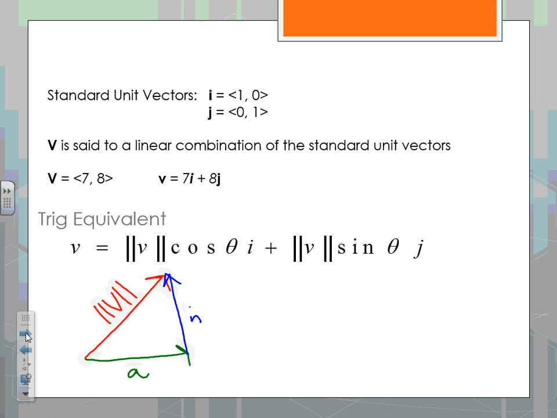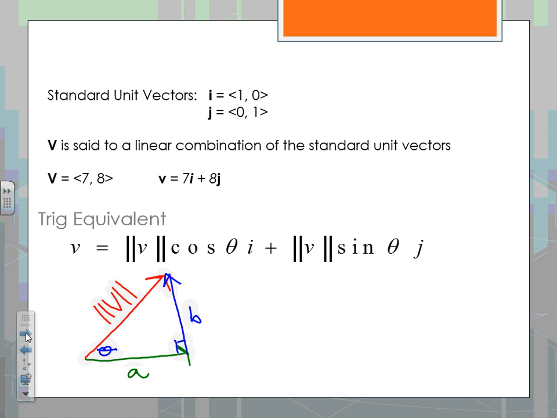We can call it B. And yes, we have a 90-degree right triangle. Here's our angle theta. So, what is the cosine of theta?